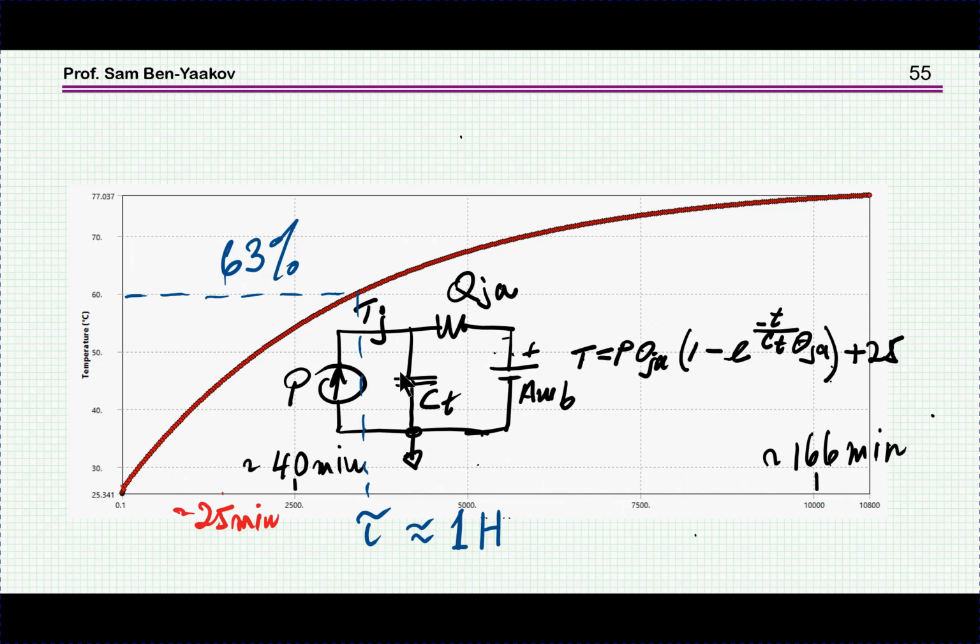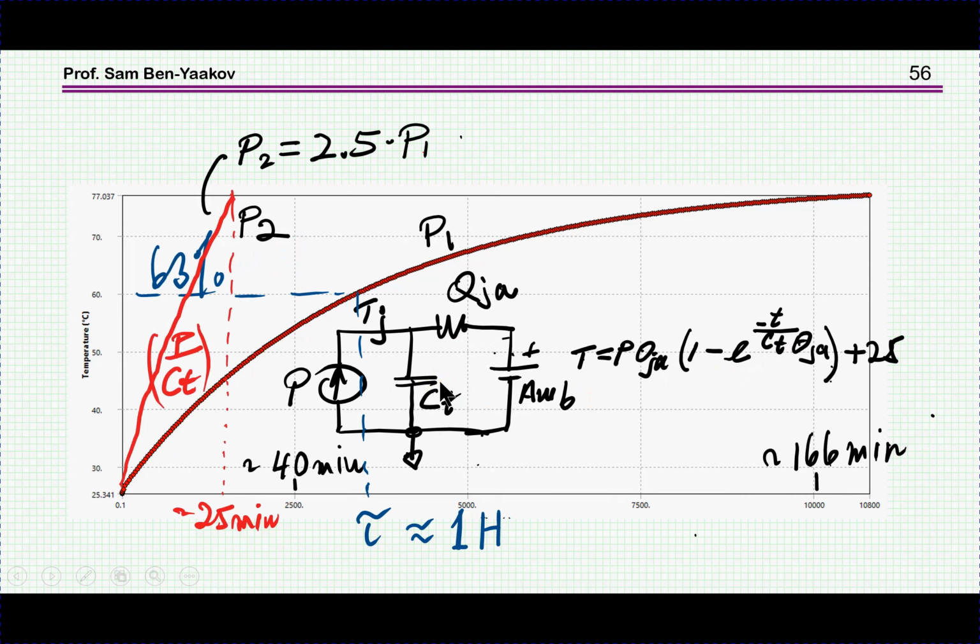Now, obviously, if I pump in a higher power level, this will go much faster. But before that, let's just have a look at the expression here. This will be the typical exponential increase in an RC circuit. This is the final value, and this is now the time constant, the product of these two.